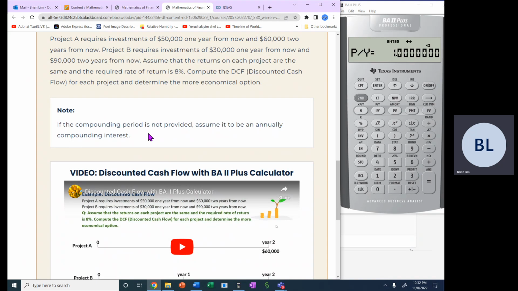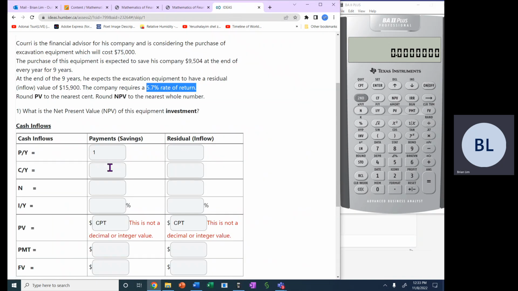If the compounding period is not provided, as is in this case, assume it to be annually compounding interest. So that means that CY will also be 1. So let's go back to the question now, and we will put in 1 for CY.